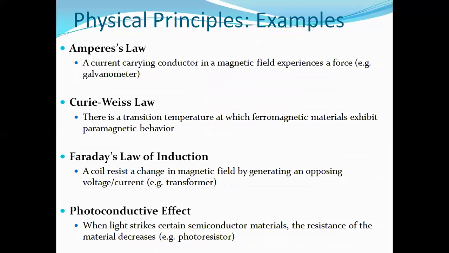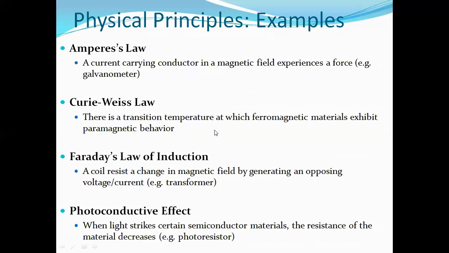We will have a look at these physical parameters in the case of electrical modes of operation and even the optical sources or light rays. Here we will look at Ampere's law. A current carrying conductor in a magnetic field experiences a force. It is a galvanometer.